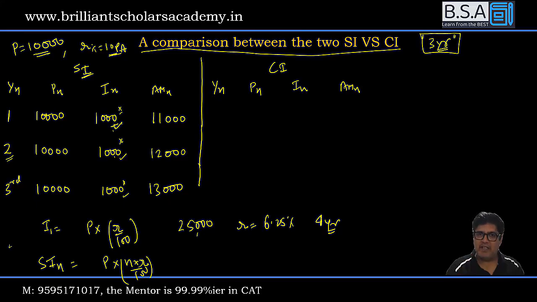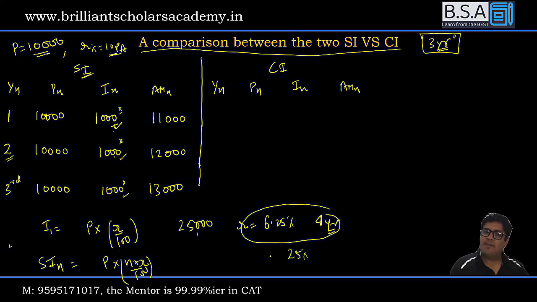So keep your pen steady. You focus on these numbers. You multiply both. Every year, the earning is 6.25. 6.25 into 4 is 25. So my earning for 4 years is 25%. So simply calculate 25%, add it up.